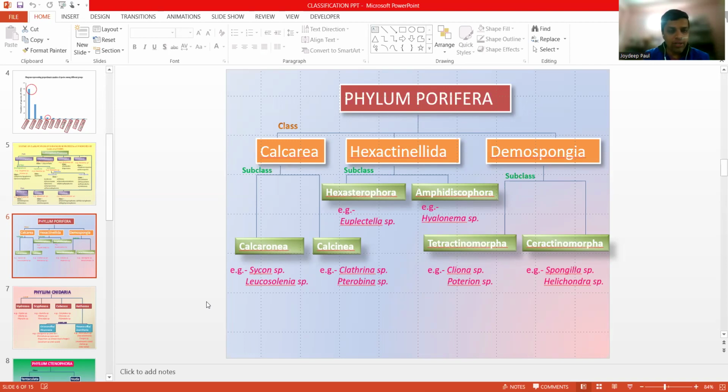Now, phylum Porifera constitutes sponges, which are the most primitive of the multicellular animals. So from the phylum Porifera, we can say that multicellular animals came into the evolutionary process. Before that, all the protozoans are unicellular.